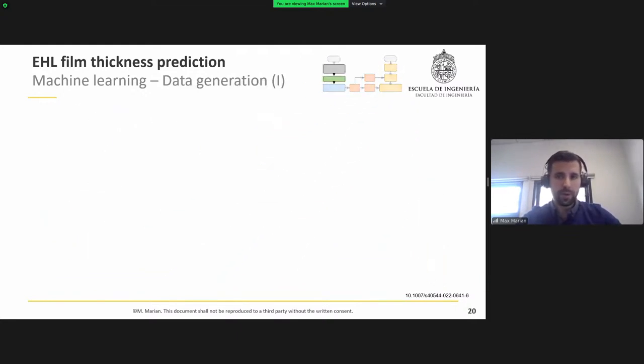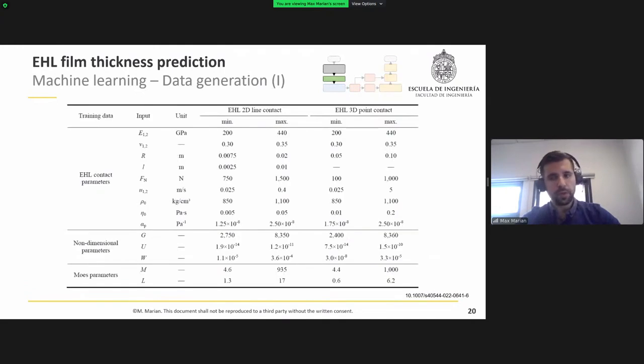This slide shows the parameters that we vary within the given boundary conditions for the 2D line contact and the 3D point contact. They were sampled using a Latin hypercube sampling with 1,500 and 1,000 datasets respectively. And moreover, we investigated for the 2D case to what extent a reduced database with only 600, 300, and finally only 100 data points affects the prediction quality.